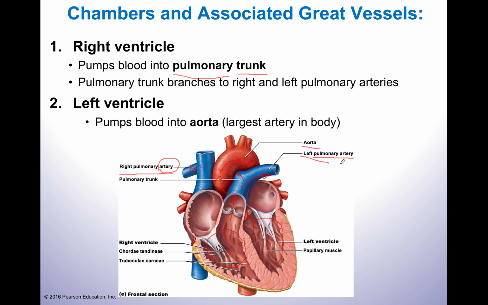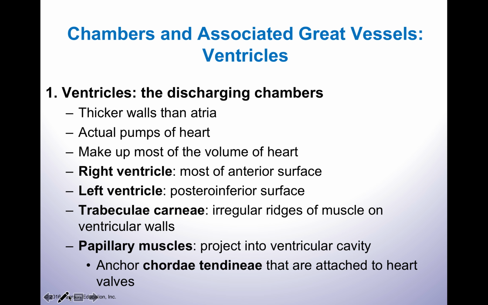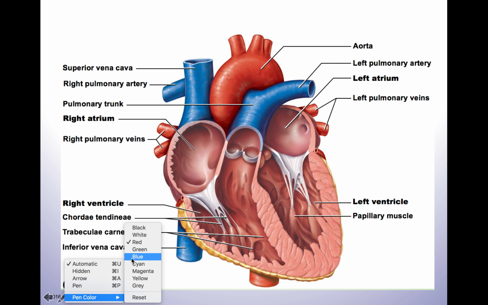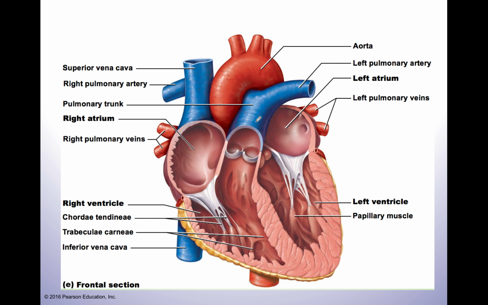The key point that you guys do need to remember. Pulmonary, let me change my color so we're sticking to the color coding that we described. This blood vessel right here, we identified as pulmonary trunk, and then it branches to the pulmonary arteries, right?